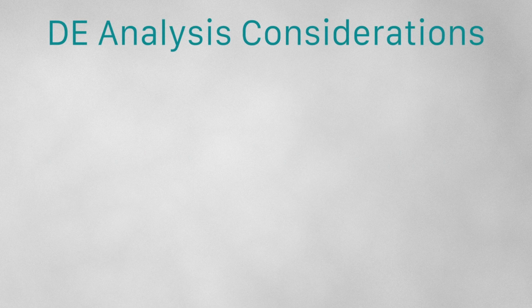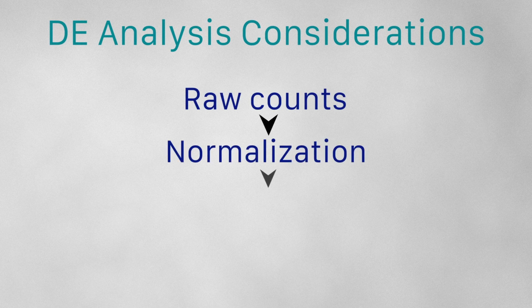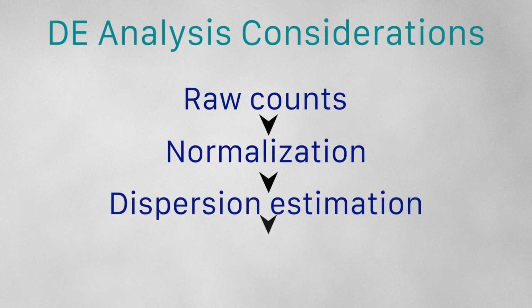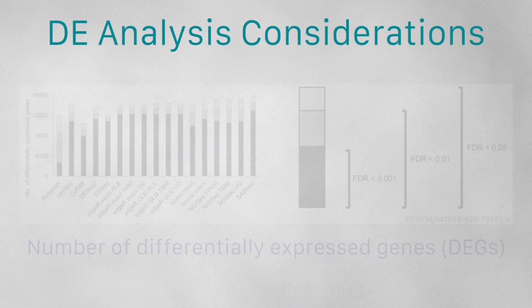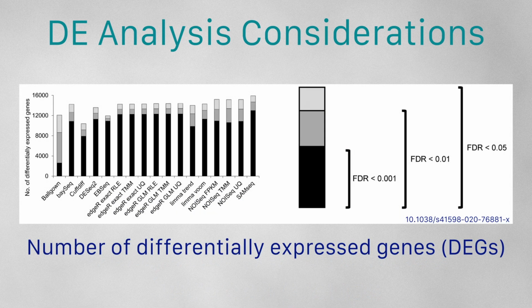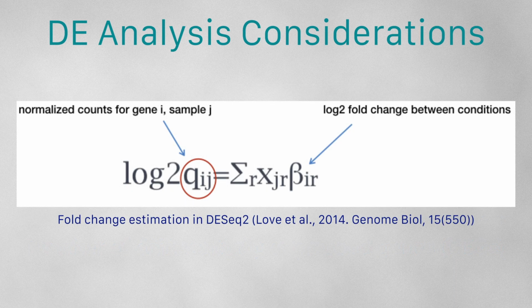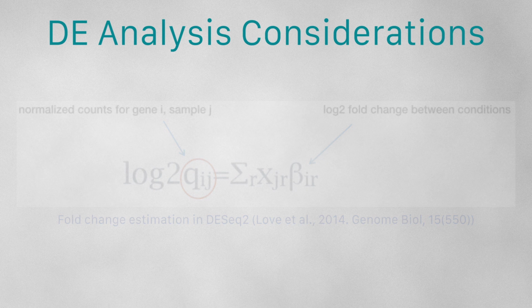In conducting the actual differential expression analysis, we have to pay attention to certain parameters that can significantly affect the results that we get, specifically the number of differentially expressed genes, or abbreviated as DEGs, that we get, and also the fold change values, which compares the expression of each gene relative to a reference.